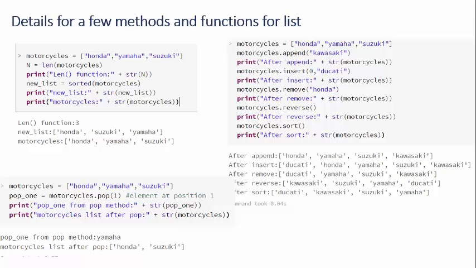In this particular case, I named that variable pop1_1. So this is basically a detailed explanation of a few different methods and functions that are very popular when we deal with lists. Again, a list is a collection of elements grouped together in a specific order.